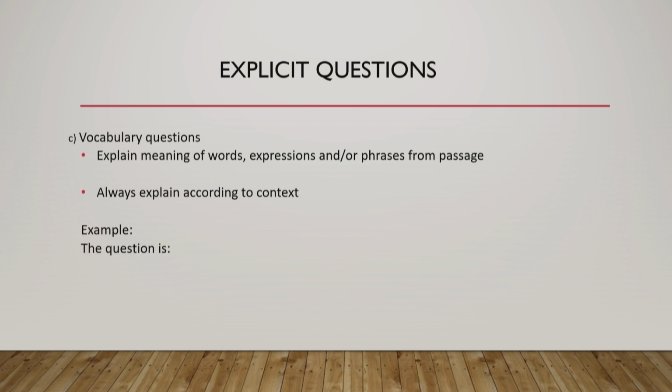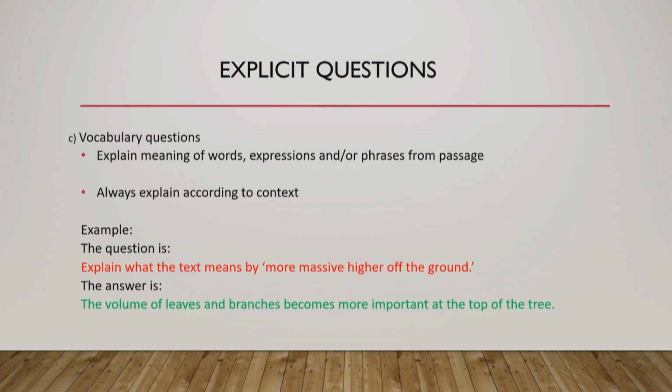And we're going to have a look at an example. The question is, explain what the text means by "more massive, higher off the ground". The answer is, the volume of leaves and branches becomes more important at the top of the tree.